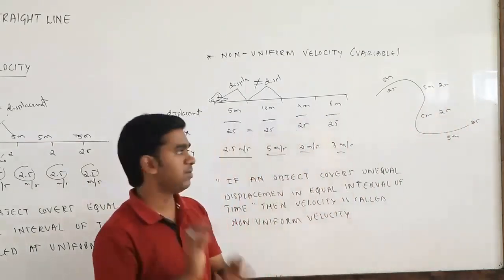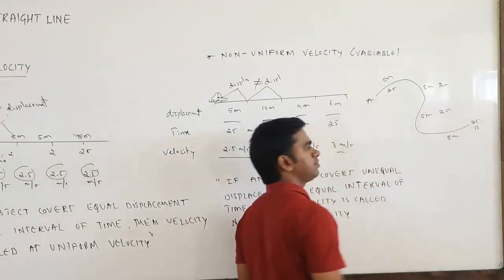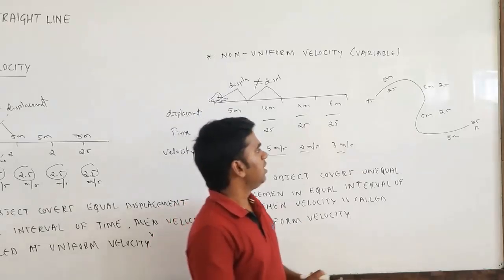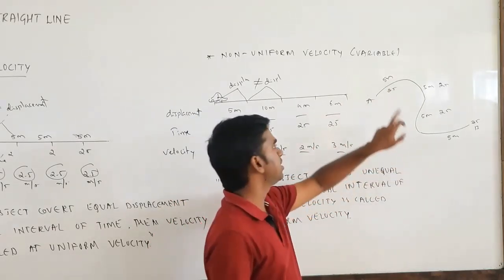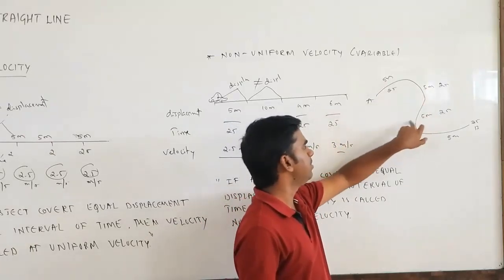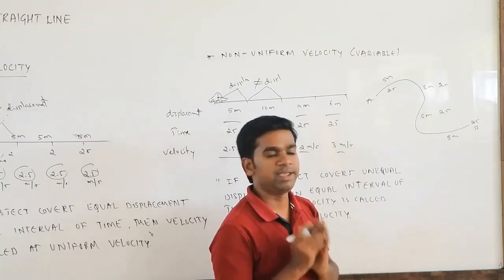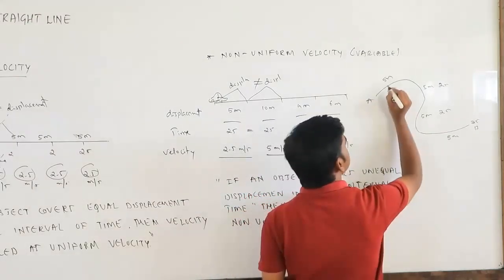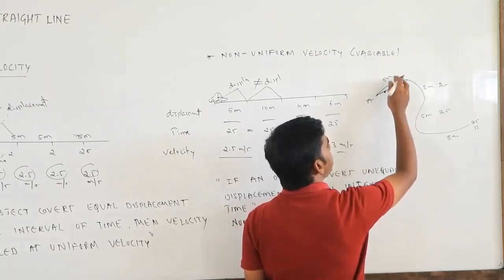Try to understand this one. Point A, point B. Now, if we calculate the speeds, they are same, 5 by 2, 5 by 2, 5 by 2, 5 by 2. But if you calculate velocity, it may not be same, because this is not distance, this is displacement. It may not be equal to 5.